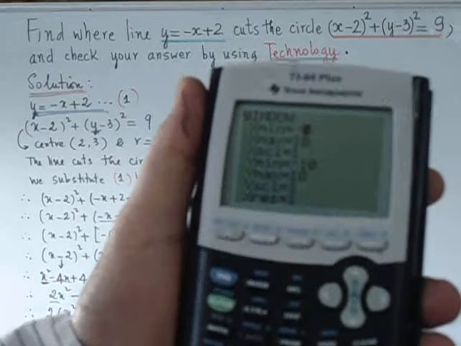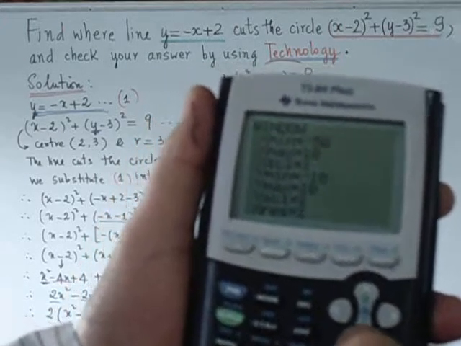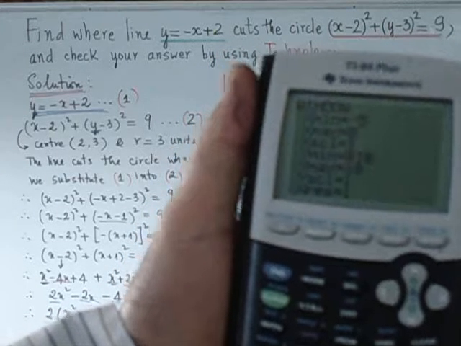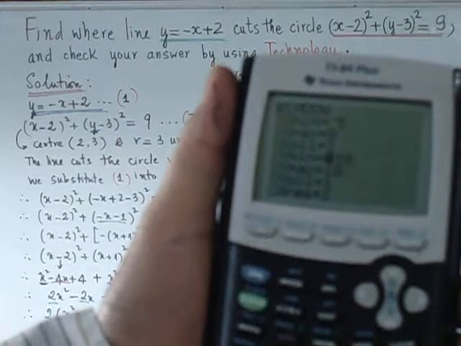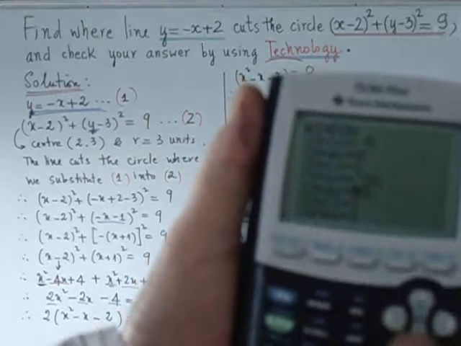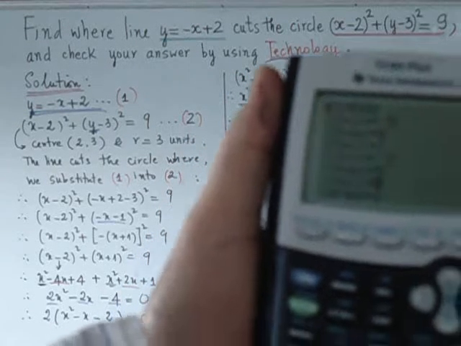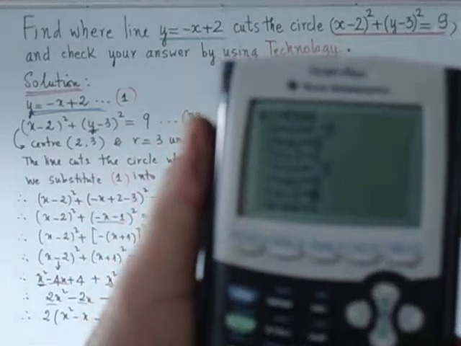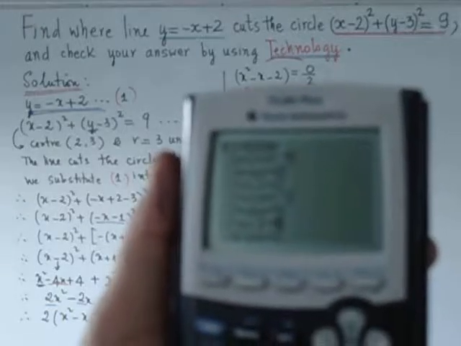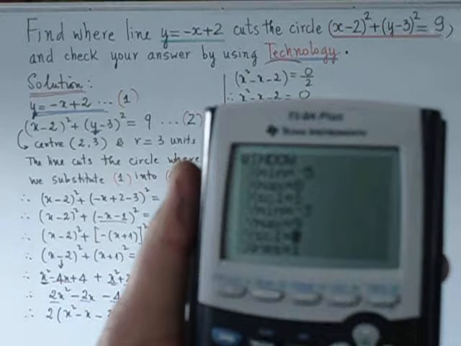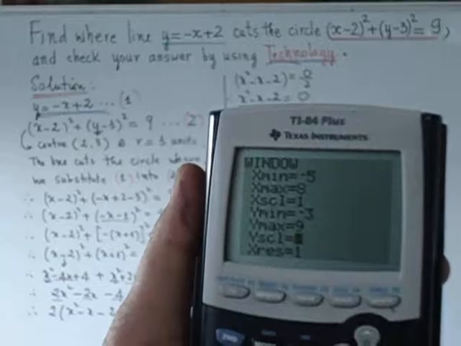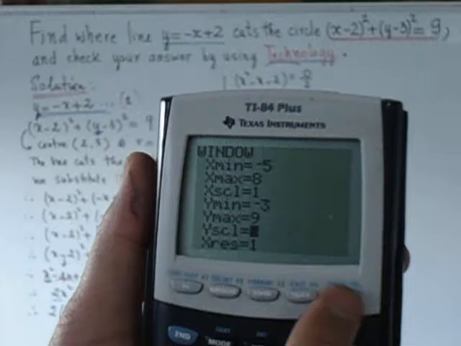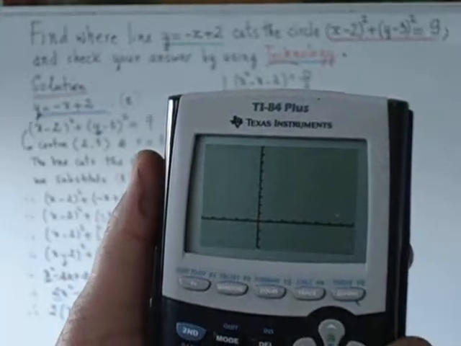For example, minus 5 to 8, scale 1, and minus 3 to minus 9, scale 1 also. We see something like this.